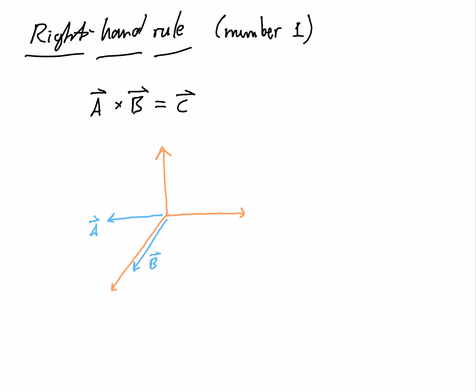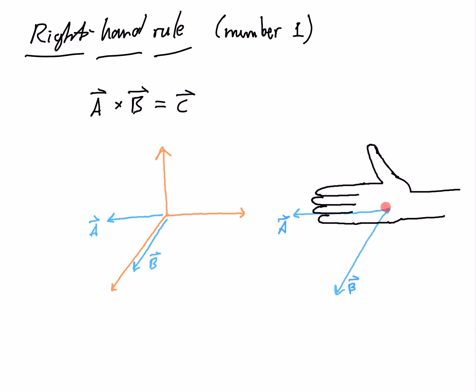Now let's suppose that the two vectors A and B are pointing as drawn here. So A is pointing to the left and B is pointing toward us. The right-hand rule is going to tell us the direction of C. So here's how it does that.